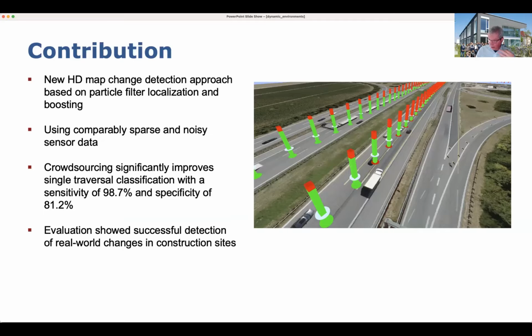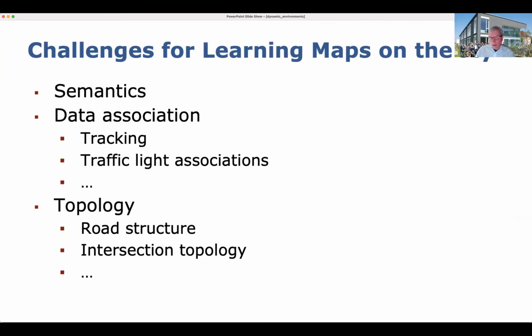In the long run, if you go for this term and say HD maps is a lame technology, and you shouldn't use those, then the only chance you have is to learn them on the fly. If you want to do this, then you need to solve multiple tasks. You need to infer the semantics. Then the extremely hard parts are also data association tasks, like tracking individual objects, associations of traffic lights.